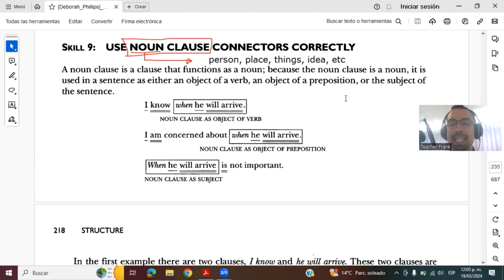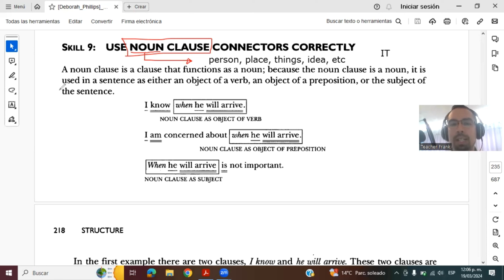So anything that is a thing, right? In Spanish, it would be like an ente or an entity, or any type of thing that exists is a noun. Here, we're going to summarize it more or less in the word it, right? It is going to be the noun, the idea, the thing, right?